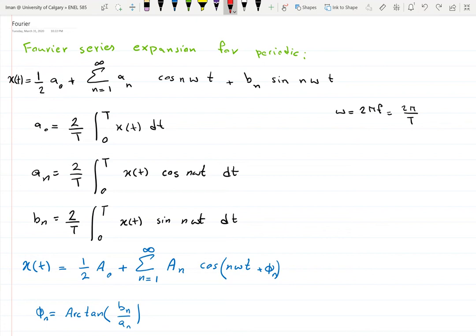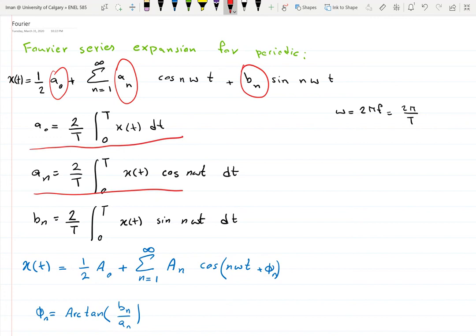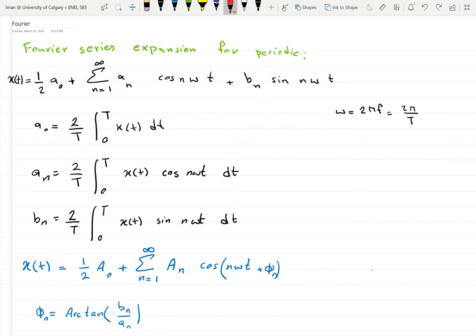Now when you want to write this Fourier series, the key important things to find are a naught, an, and bn. And how do we find them? We find them based on these three formulas down here. So a naught is basically the average of the signal.